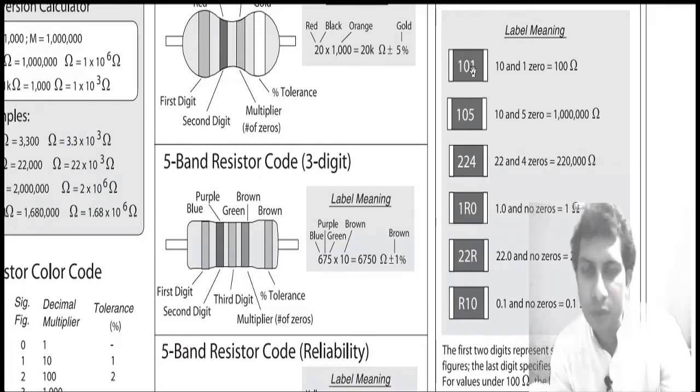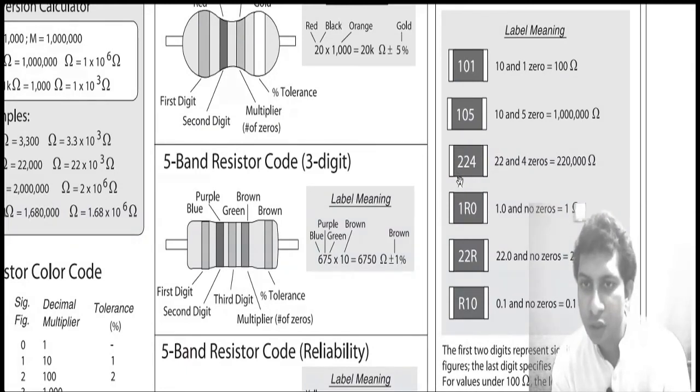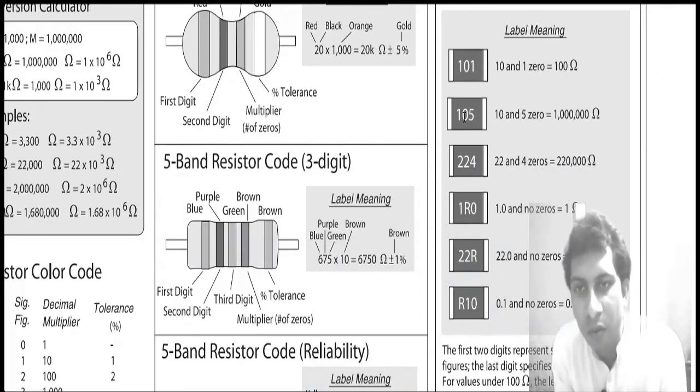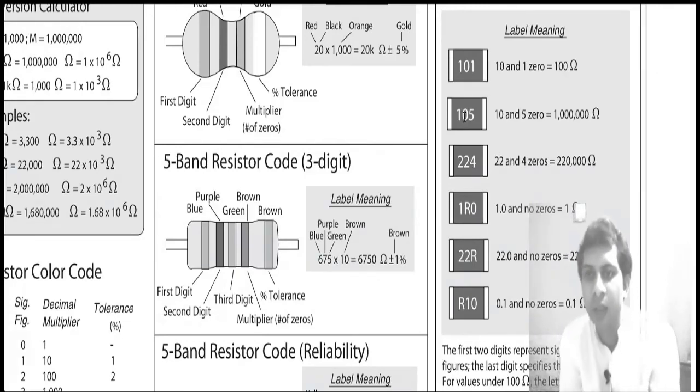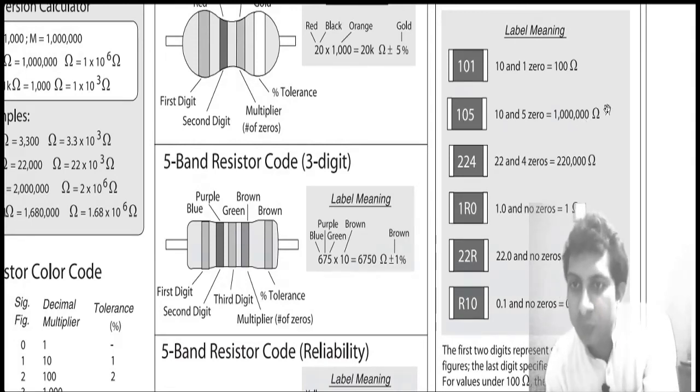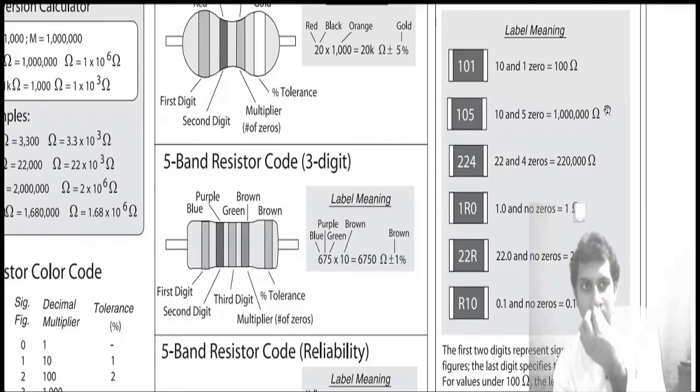That means if somewhere you find on these surface mount resistors 105, then 10 is for the first and second digits, and the multiplier of 5 means 10 to the power 5. That means 1 mega ohm, right?